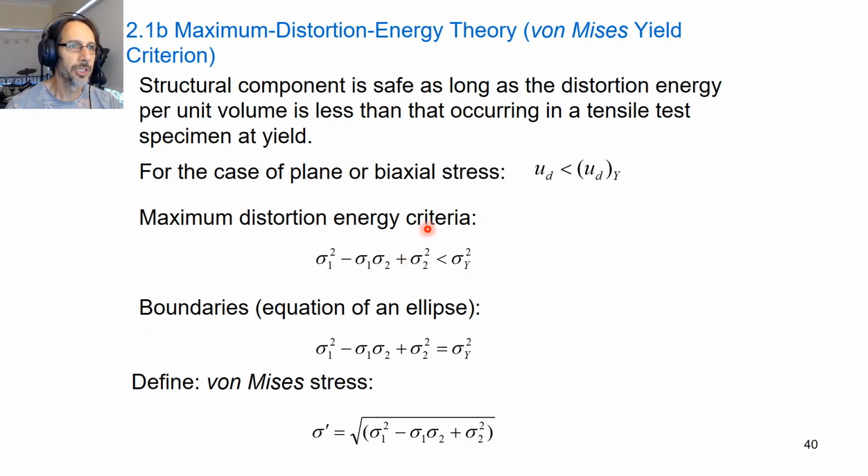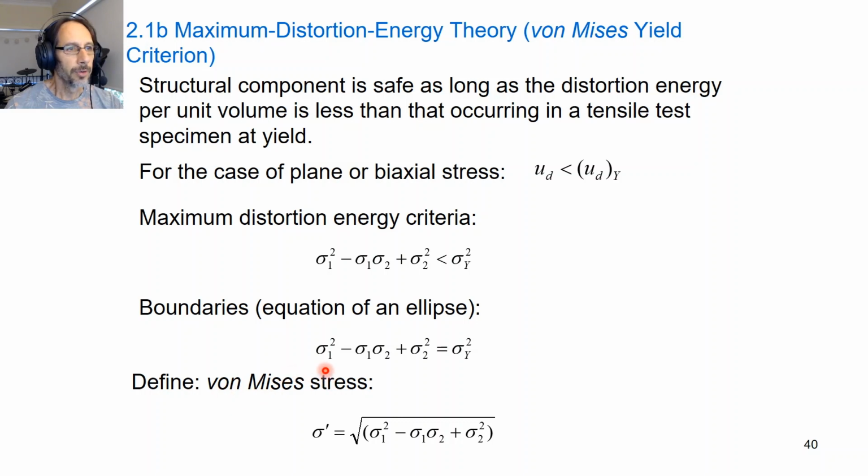So the maximum distortion energy criteria says if you calculate the principal stresses, stress 1 and stress 2, do this calculation here. If that's less than the yield stress squared, then it hasn't yielded yet. Okay, at the boundary, if this expression on the left here is equal to the yield stress squared, then you're at the point of yield of that material.